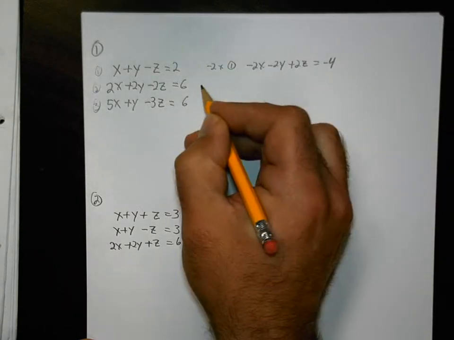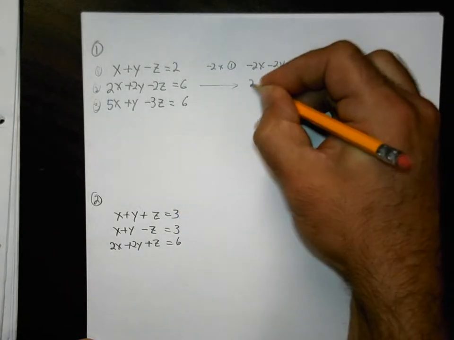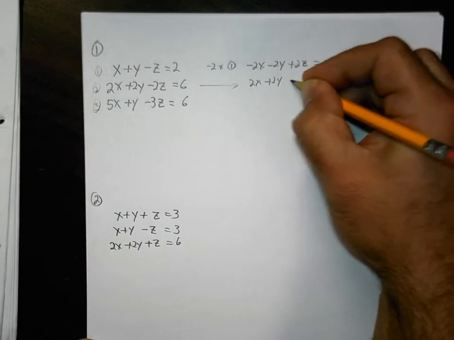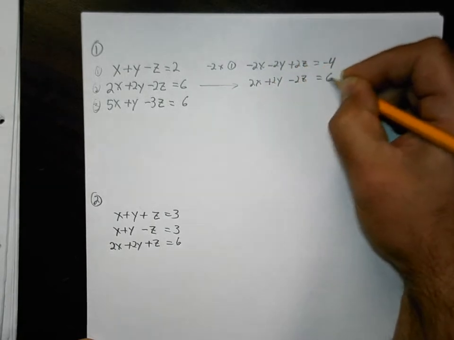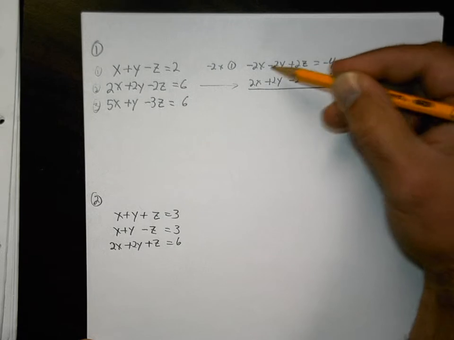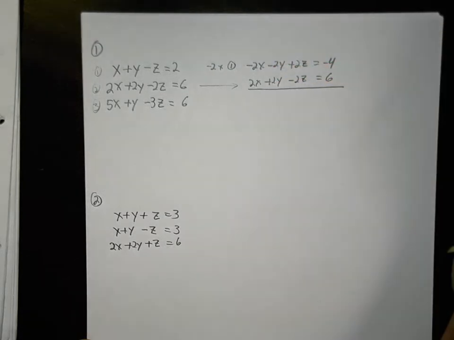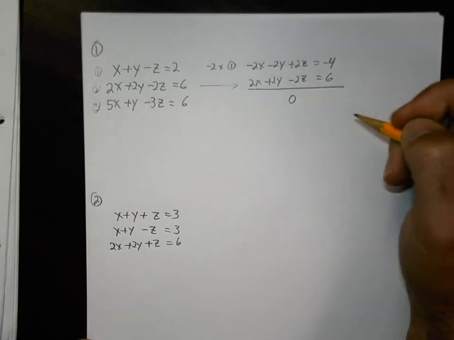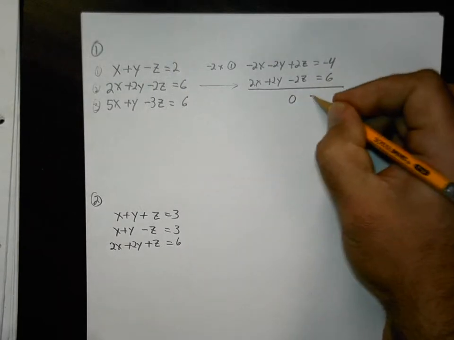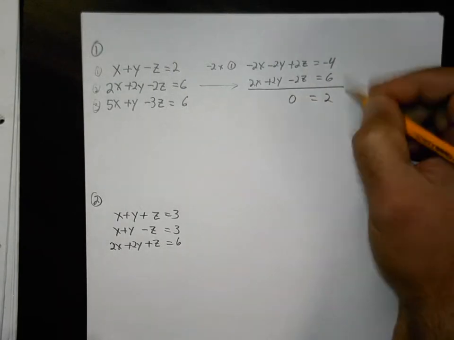Then I leave this equation as is. Add those together, and actually what happens is all three of the variables are eliminated. So I have nothing left on the left side and 2 on the right side.